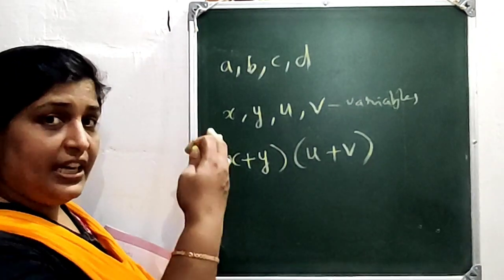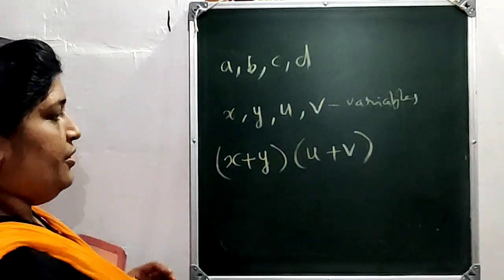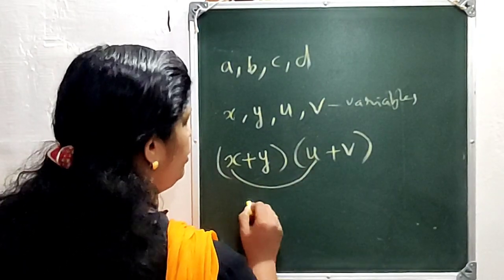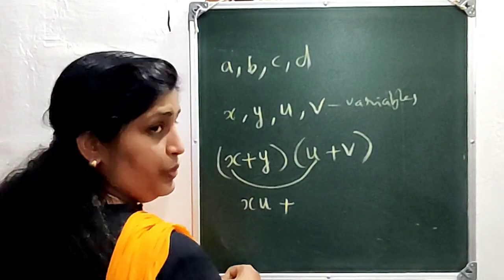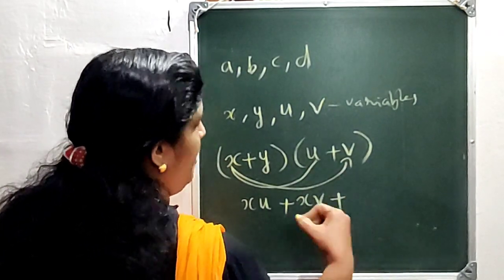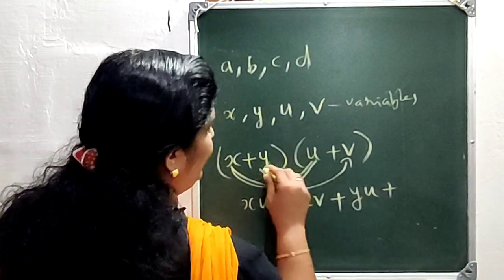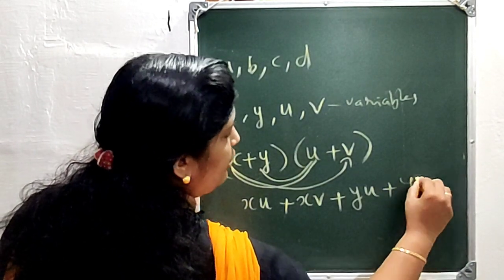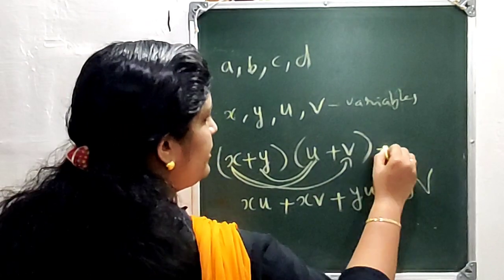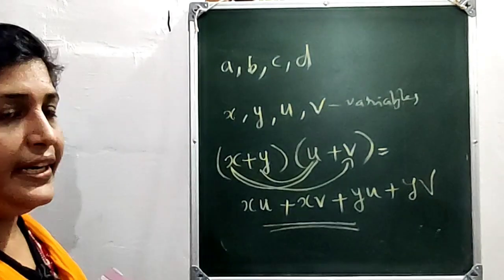Then as we did in the rectangle problem, how do we find the product of this sum? First x into u, that is xu, then x into v, that is xv, plus y into u, that is yu, plus y into v, that is yv. So this is true for every number, therefore this is called an identity.